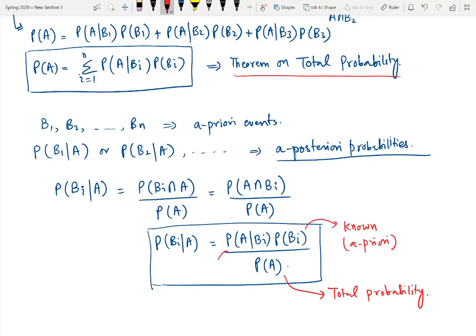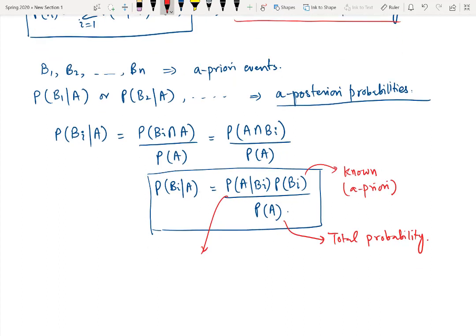And what about this probability of A given Bi? This probability can also be computed easily because the condition is applied on the a priori events, right? So it can be computed. So the unknown probability can be transformed in this way, and this particular equation is referred to as Bayes' law.